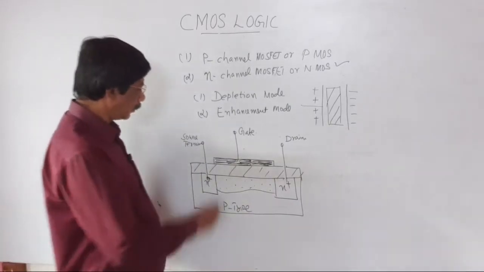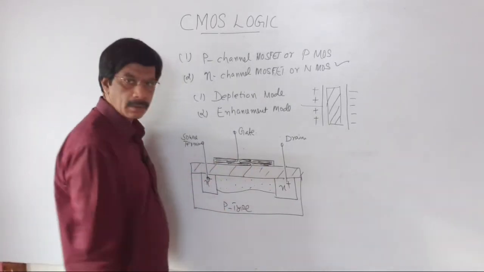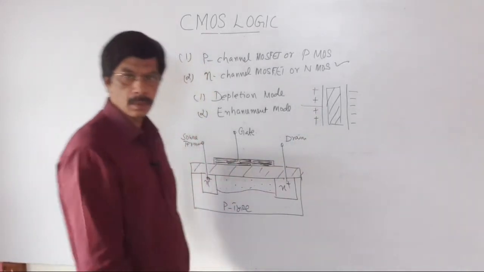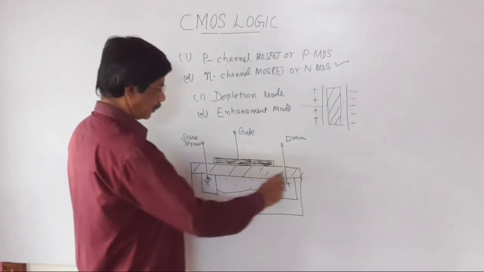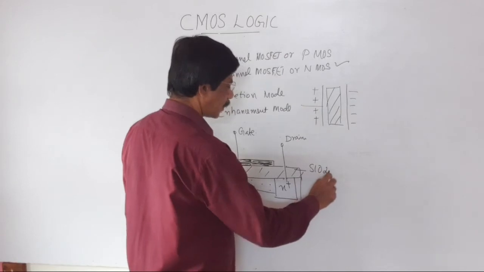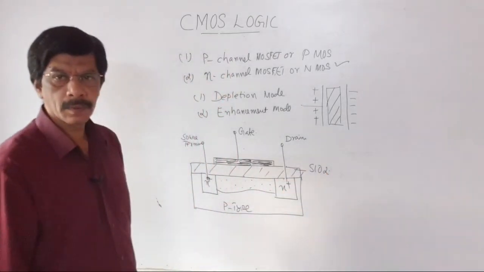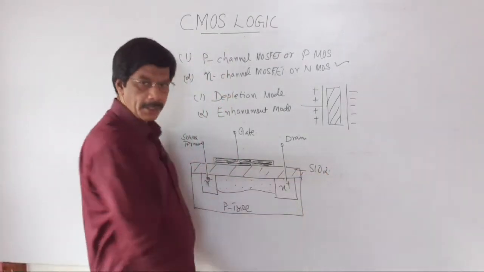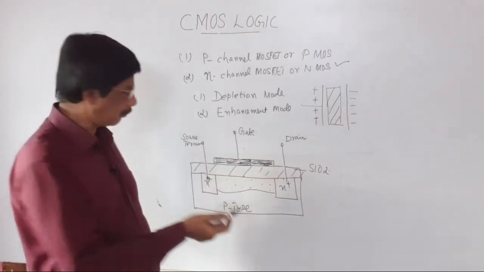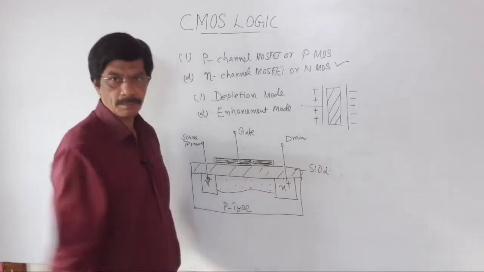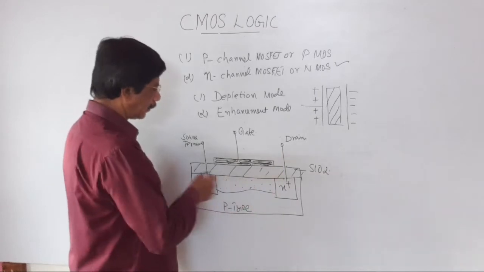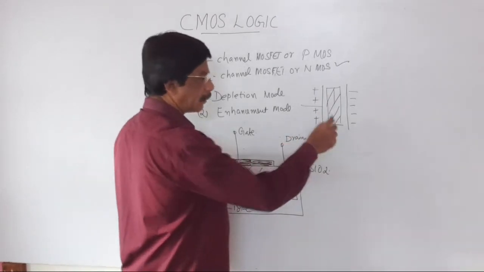Here, the gate terminal is acting as one plate of this capacitor. The central region is called the SiO2 layer. This is the insulating layer. The purpose of this layer is to prevent outside impurities from entering this semiconductor bar. This insulating layer is acting as a dielectric medium.